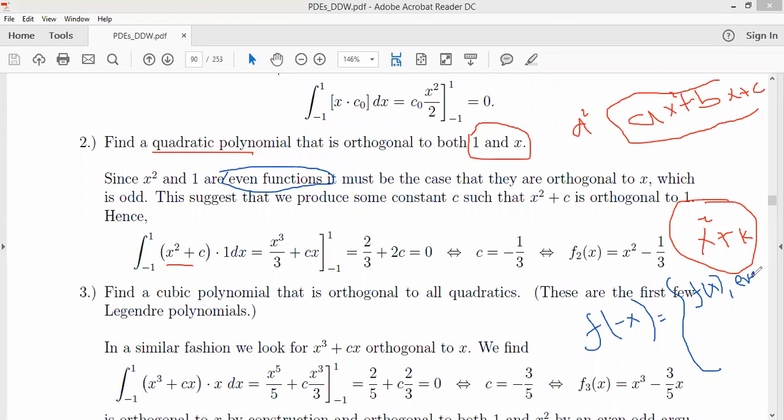And if you have f of minus x and it gives you minus f of x, this one here is odd. This you already know, I am sure, from your integral calculus. You discussed these things in calculus 2.